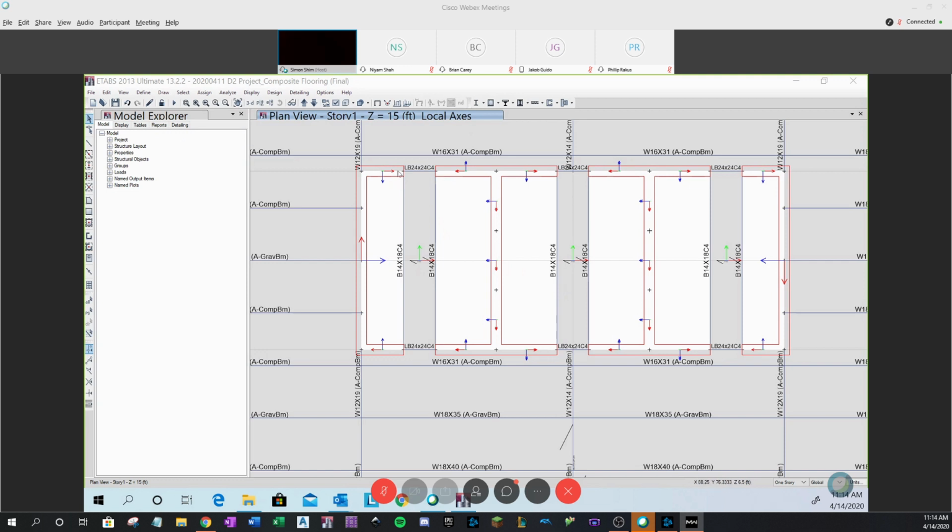So again, this aspect ratio is more than 2. It's very slender, right? The aspect ratio of the slab, short dimension versus long dimension, is greater than 2, and then you see that the load path is more likely one direction.